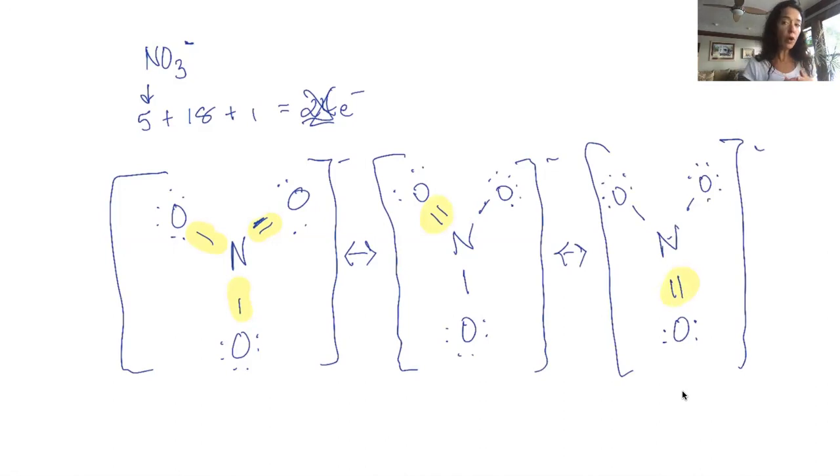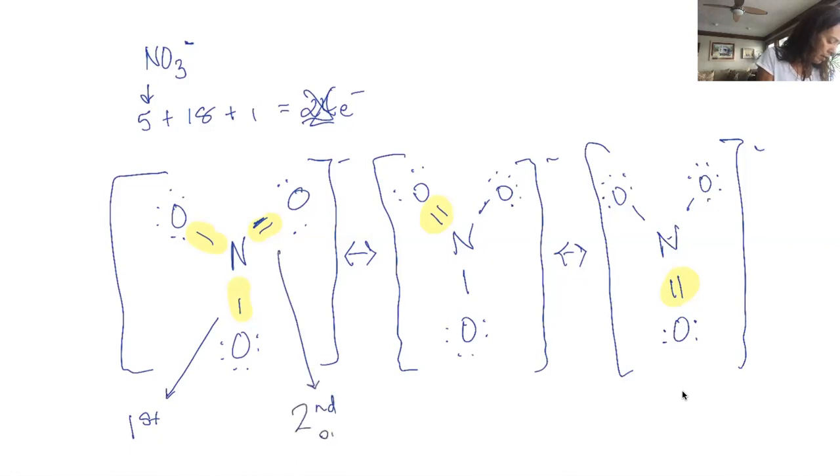And that's important because if I want to know the bond order of the nitrogen-oxygen bond, right, this is a first order because it is a single bond, right? This is a second order, okay?